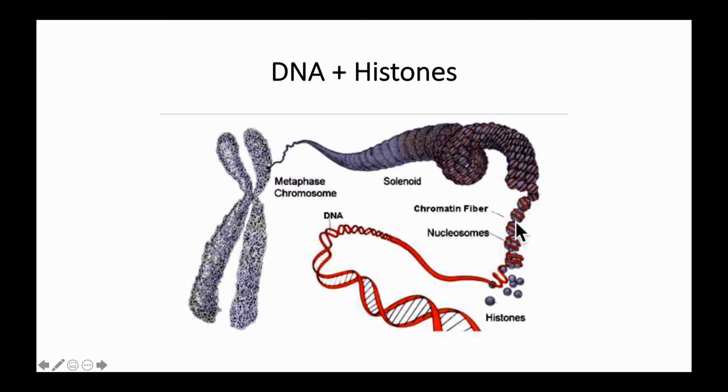And these fibers start to take different shapes. They start to condense into another type of structure, and that structure further condenses to form another type of structure, which then eventually compacts into this chromosome, this metaphase chromosome.